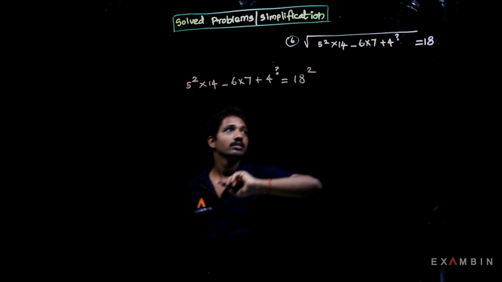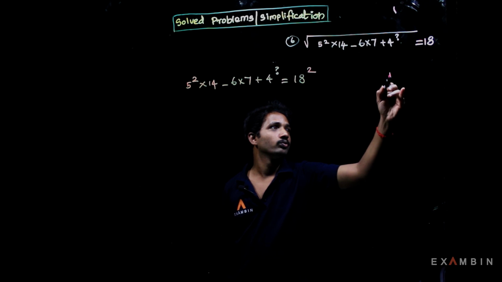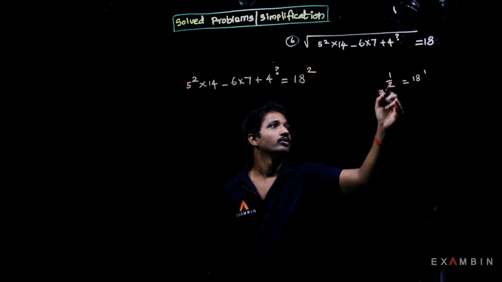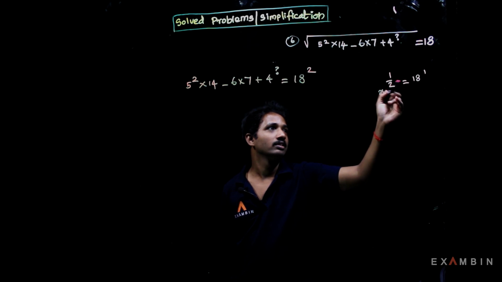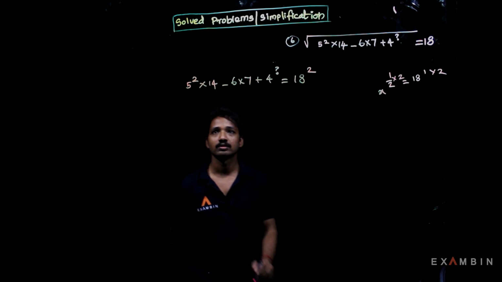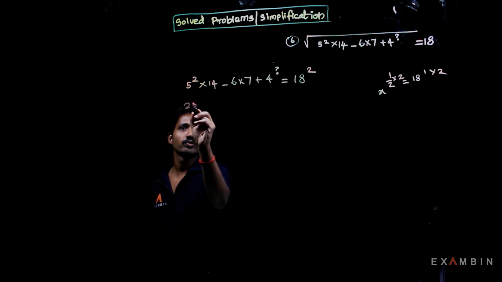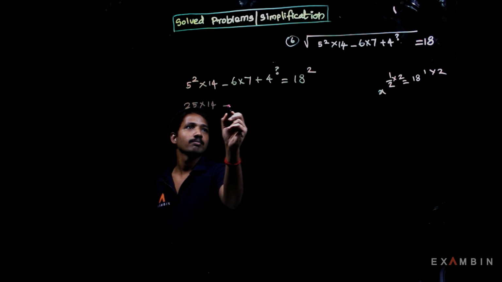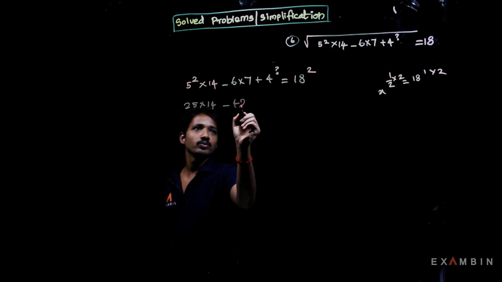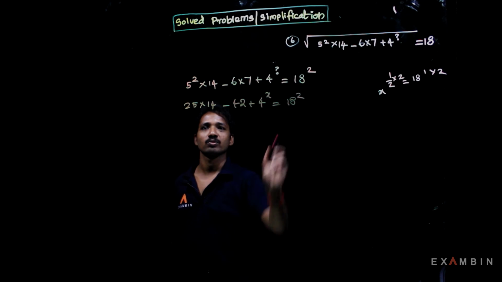It's simple because root we can define as power 1 by 2, and there 18 power 1 is existing, so to cancel this root, I am adding a square on both sides. So 5 squared into 14, that is 25 into 14 minus 6 into 7, 42, plus 4 to the power of x is equal to 18 squared.